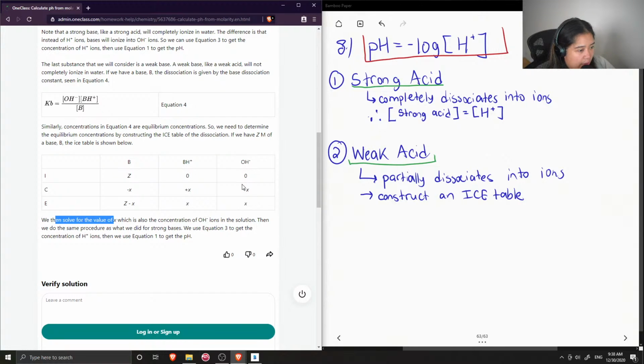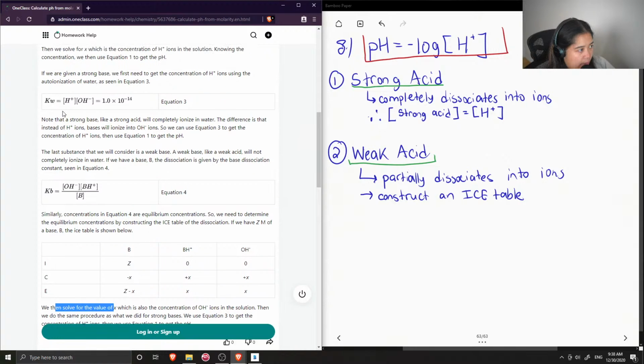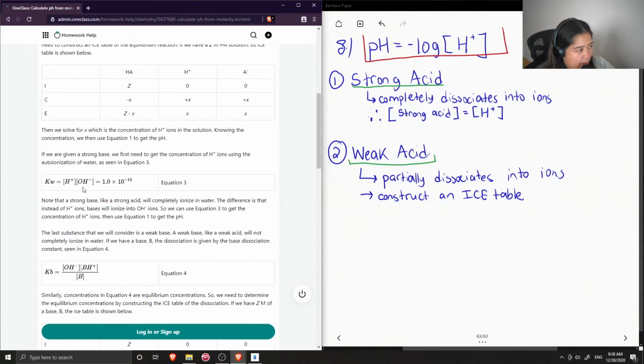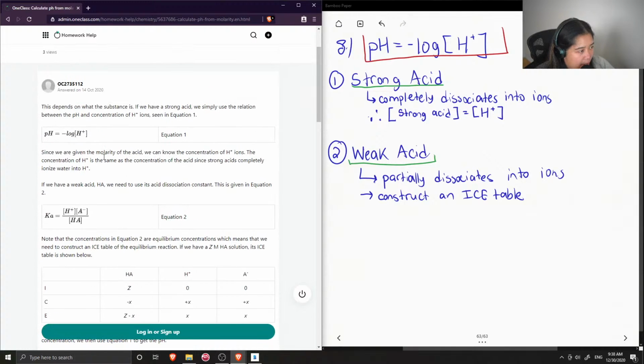And then once you find the concentration of OH-, you need to plug it into the Kw equation to solve for H+. And then once you find the concentration of H+, you plug it into equation 1.